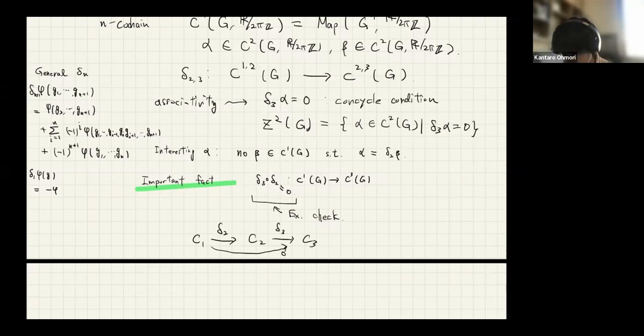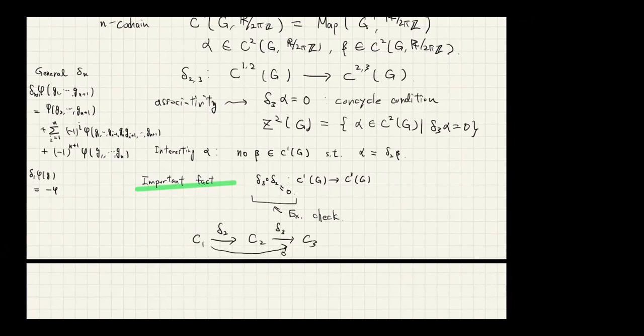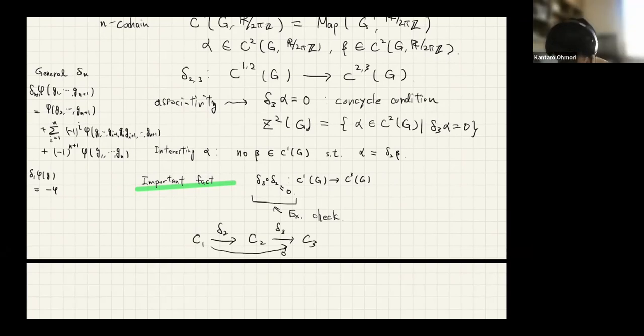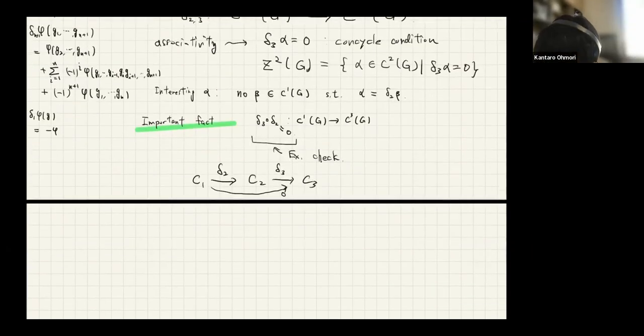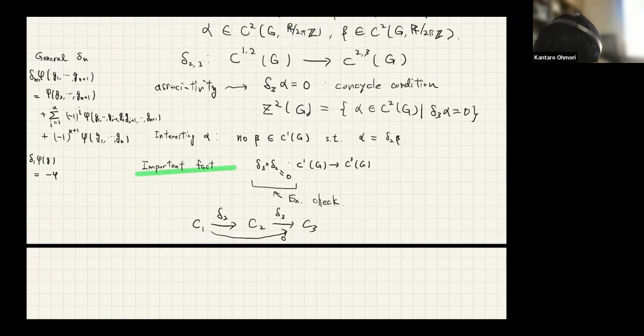This is the setting in which you can do cohomology, if you have heard about it. And that's precisely what we want, because alpha, the projective phase, always satisfies this, and also we are not interested in alphas that can be removed by shifting by delta 2 beta.